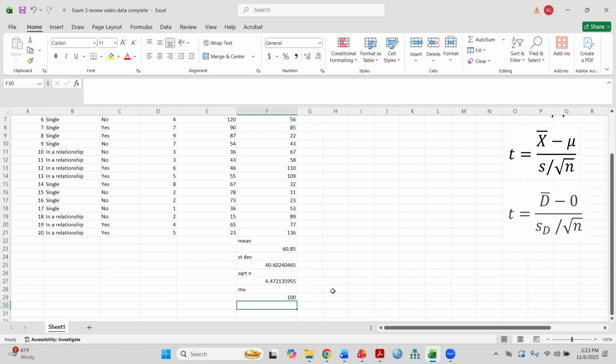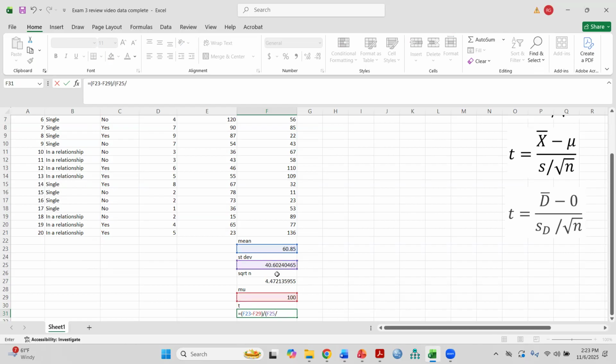If we just want to go straight for the t-score, or t-value, what I'm going to do is type in equals, and then I'm going to do some parentheses that'll help us with order of operations. So it's our sample mean minus the population mean. I'm going to close those parentheses off and divide by the standard deviation over the square root, not that one, the square root of n, right?